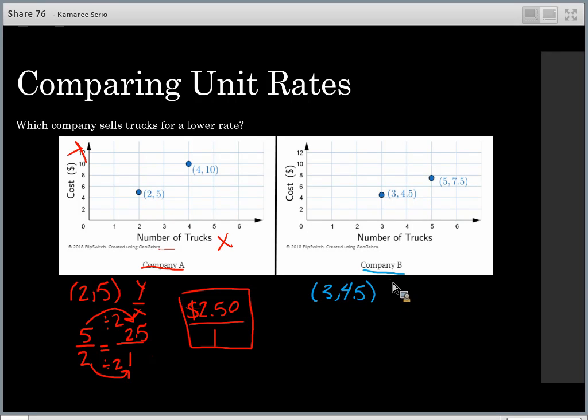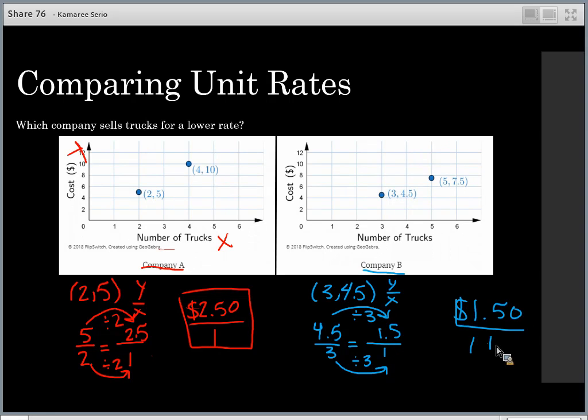I need to write this as y over x, so I have 4.5 all over 3, and this equals blank over 1. To divide the bottom by 3, divide the top by 3. So 4.5 divided by 3, and I get 1.5. So that means that this is $1.50 for every one truck.